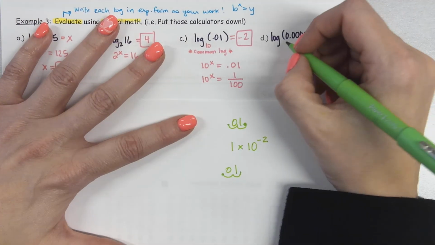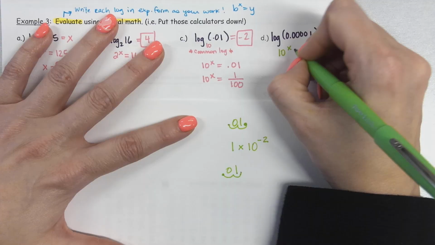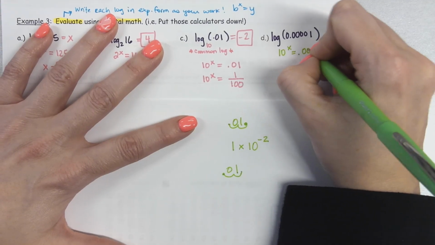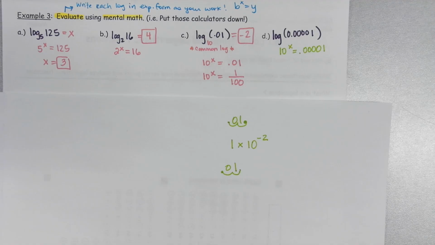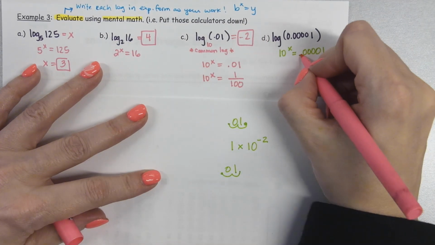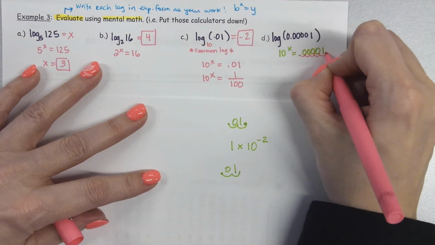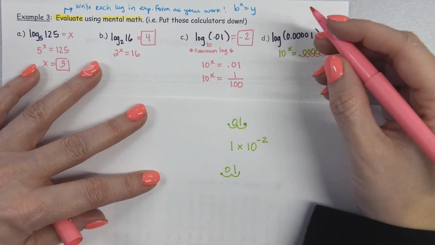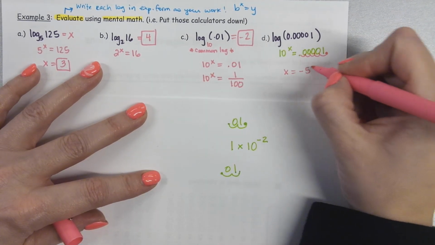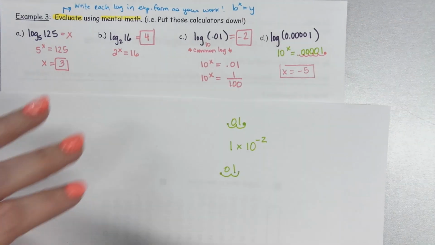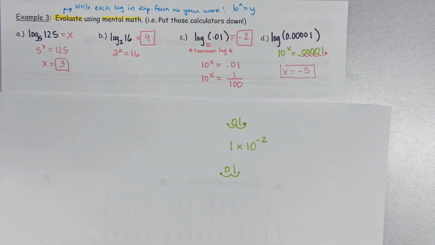So based on that, if you have 10 to a power is 0.00001, okay, we're just going to move the decimal 1, 2, 3, 4, 5 places, and then x is going to equal what? -5. Okay, and you could use this in either direction. Like if you had 10,000 instead of the 0.0001, you could use that.